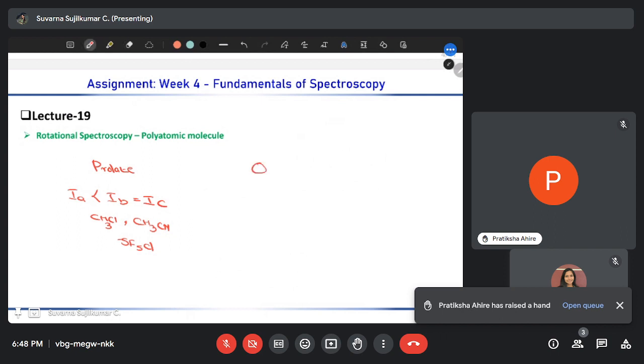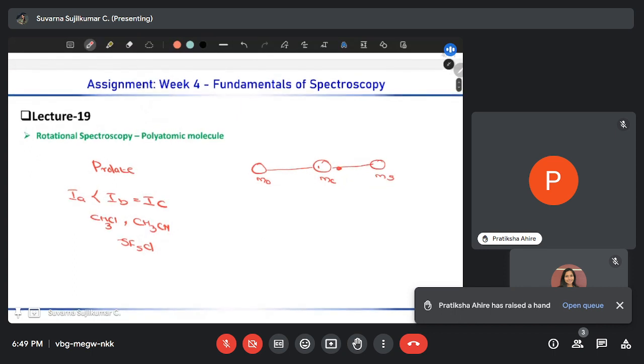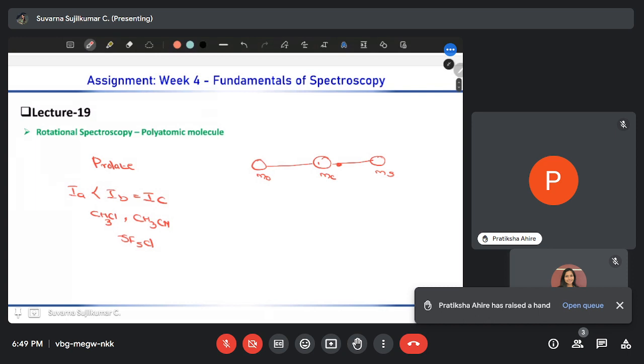See the molecule: oxygen, mass MO, is sitting over here, followed by carbon, with mass MC, followed by sulfur, with mass MS. Okay, so this will be its center of mass.